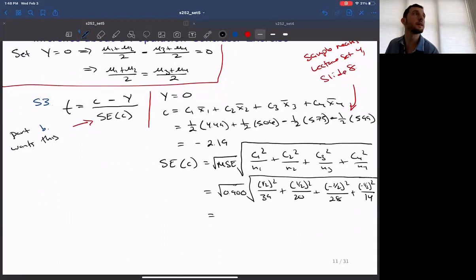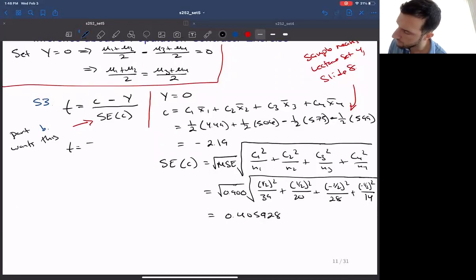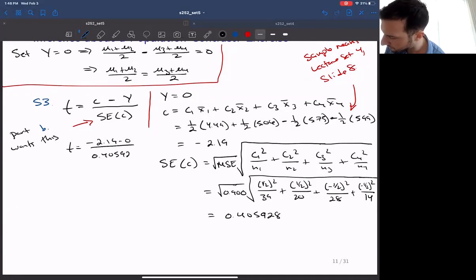That gives us 0.405928. Then t is equal to negative 2.19 minus 0, divided by 0.405928, which is negative 5.39950.